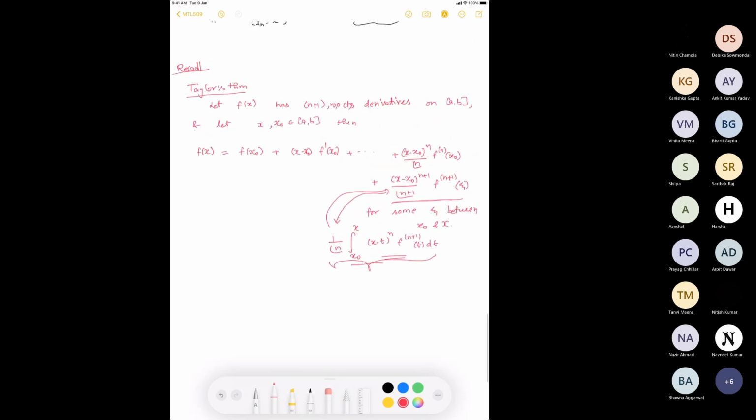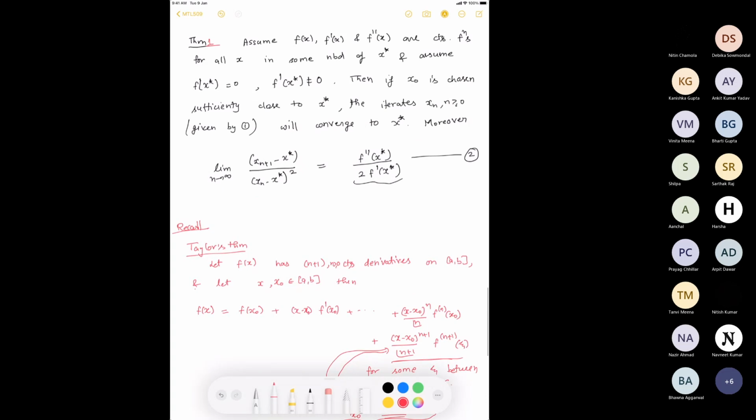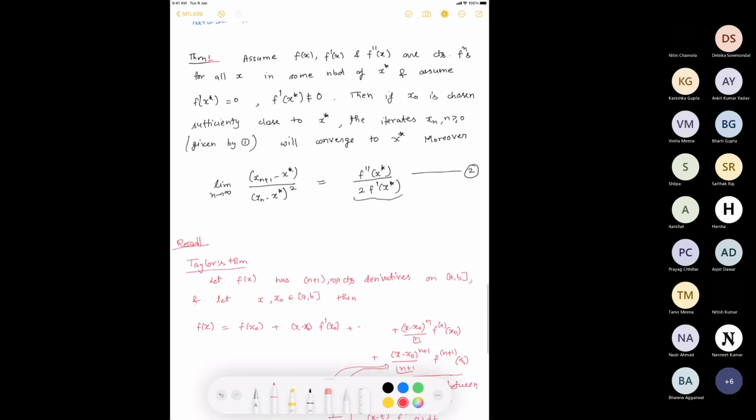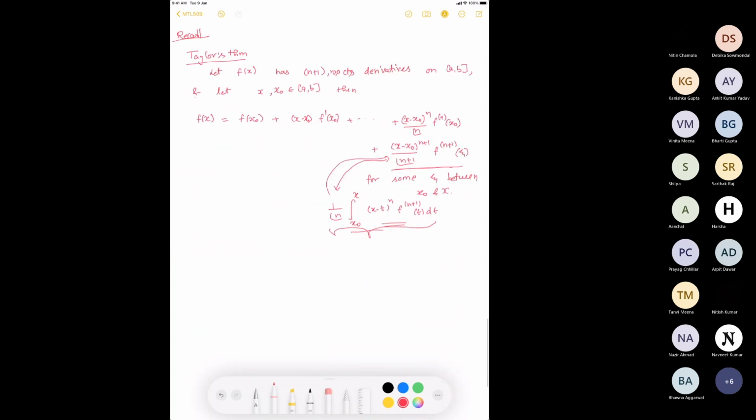Okay, so we are going to use this theorem to prove this convergence result, which is stated in theorem 1. So let's go back to the proof.